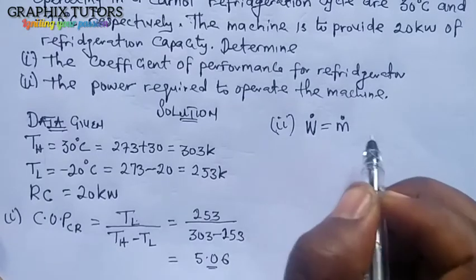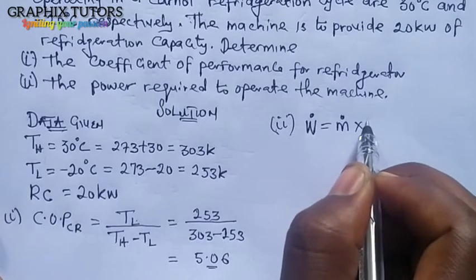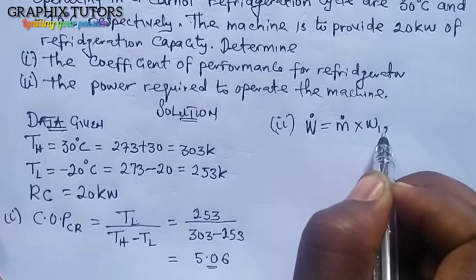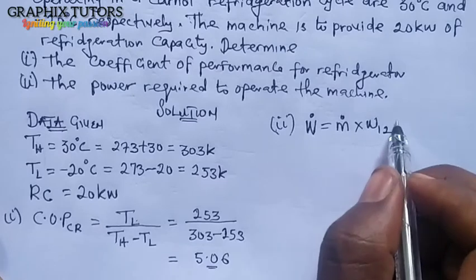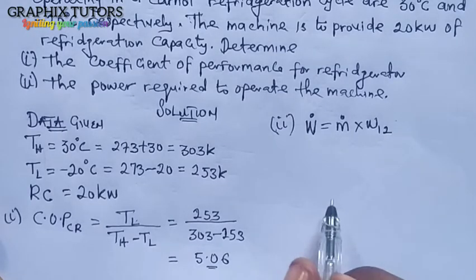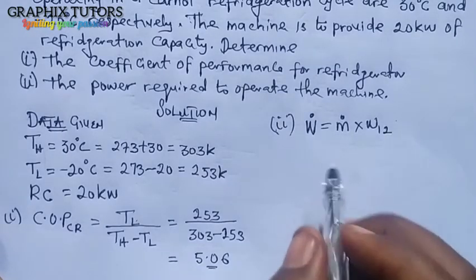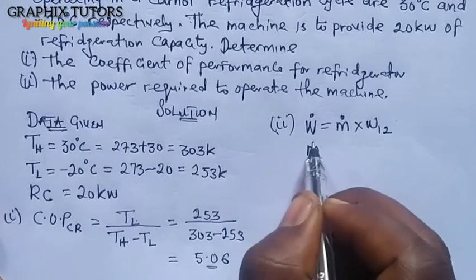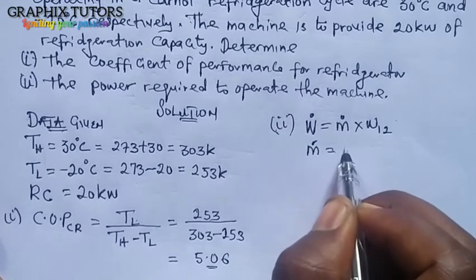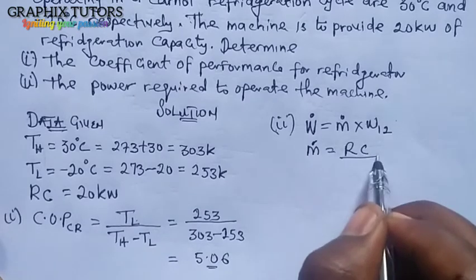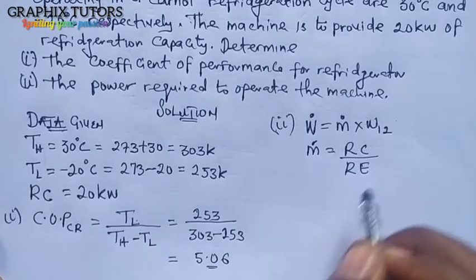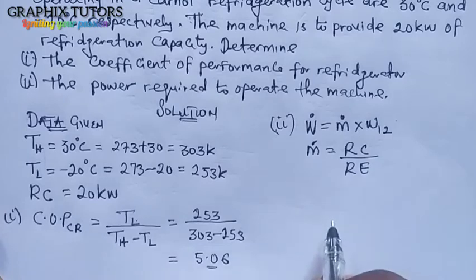Our mass flow rate multiplied by our work net or work transfer, so W12, or you say your work net. Now we know that our mass flow rate is equal to what? Refrigeration capacity over refrigeration effect. That is the formula for it.